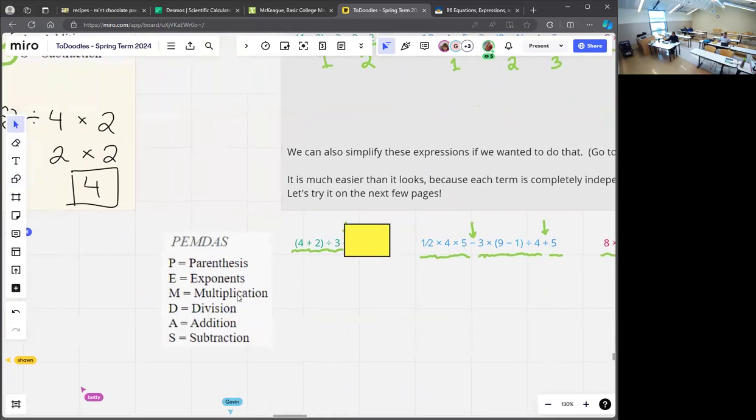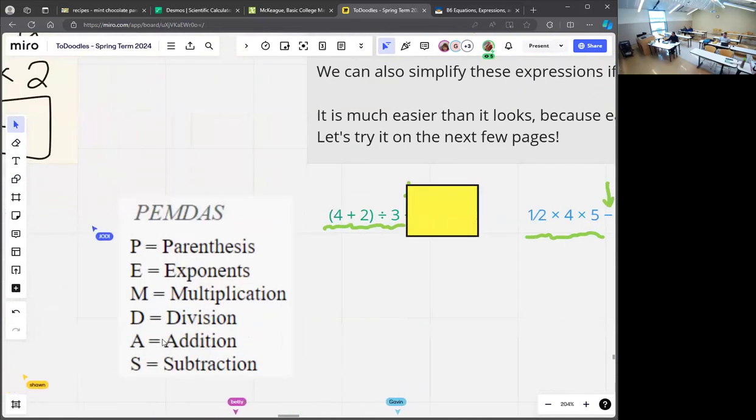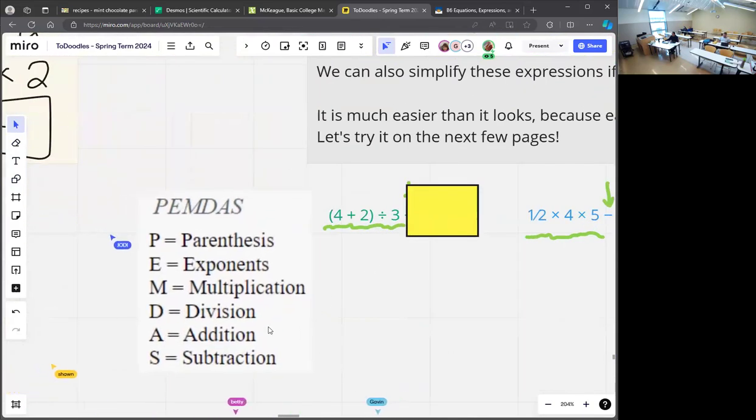I'm gonna start with parentheses if I can. So 4 plus 2, the parenthesis part, that is 6. So I will take the 4 plus 2 and say that's 6. And then 6 divided by 3, that's 2. Everyone okay with that? Yes.